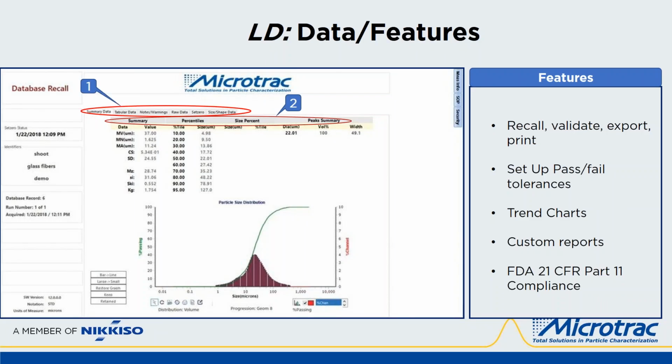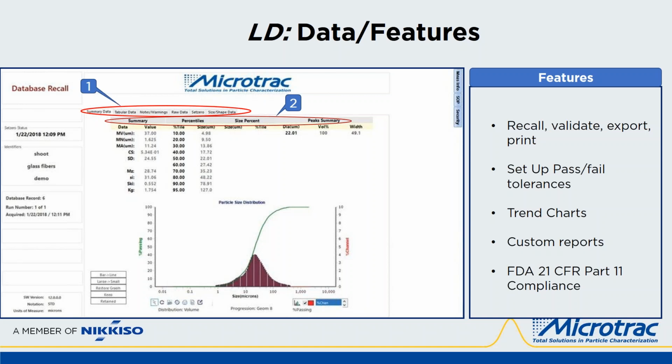A few slides here on the laser diffraction data from the Sync. Callout 1 here shows the various tabs for the overall Sync software data: summary data, tabular data, raw data, Setzero calibration data, and the tab for size and shape for access to the image analysis post-measurement software.